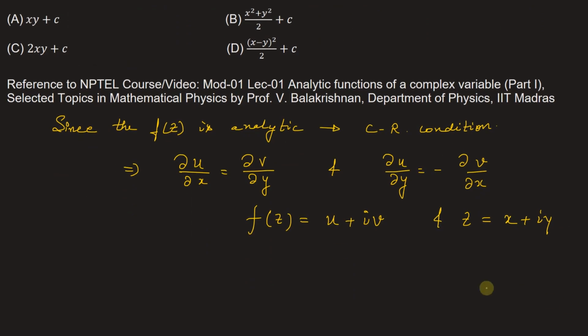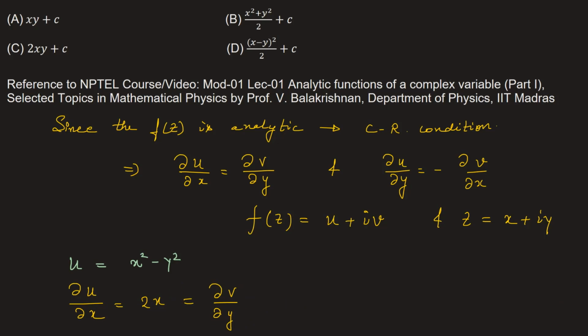Now in the problem we are given the value of u, so u as a function of x and y is equal to x square minus y square. Now if we use the first CR condition, let's find out the partial derivative of u with respect to x, which will be equal to 2x, and that we know from here is also equal to dou v by dou y.